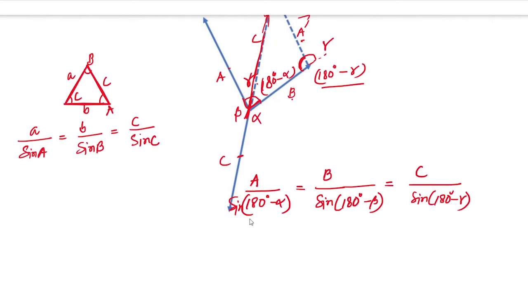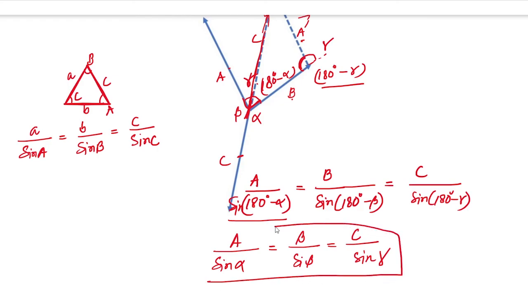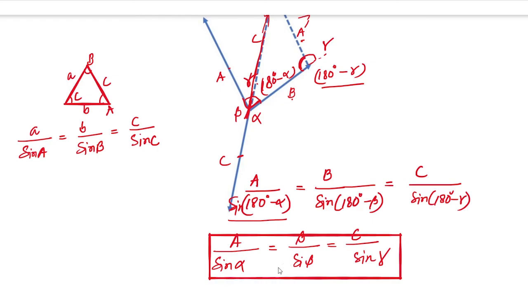Now since sine of 180 degrees minus alpha is sine of alpha, we have A divided by sine of alpha equals B divided by sine of beta equals C divided by sine of gamma. This is Lami's theorem. Thank you for watching.